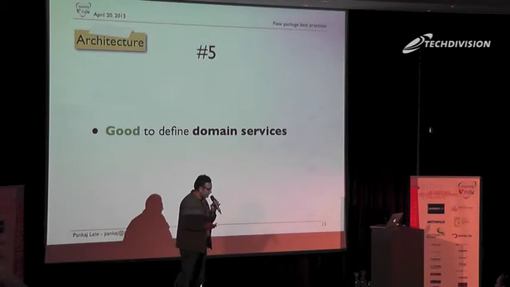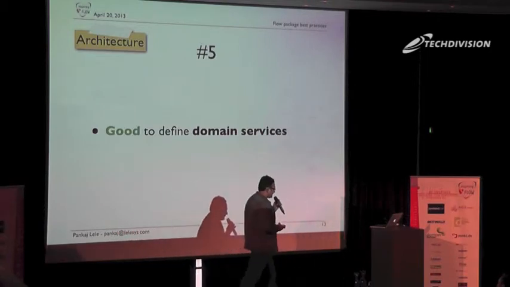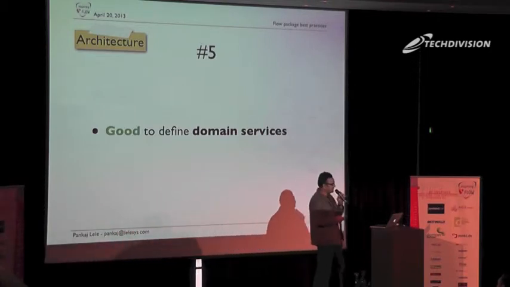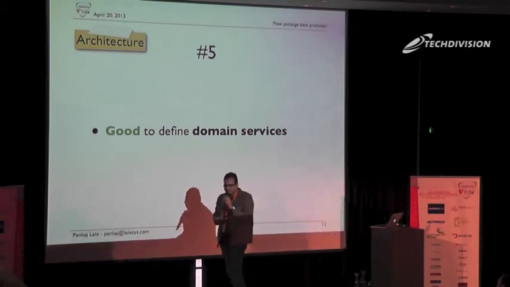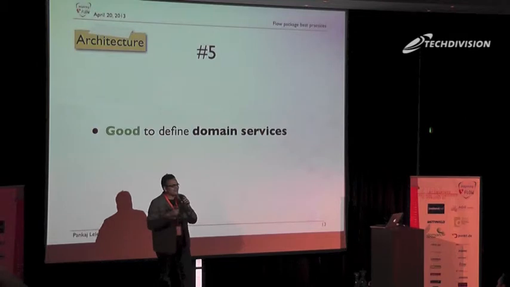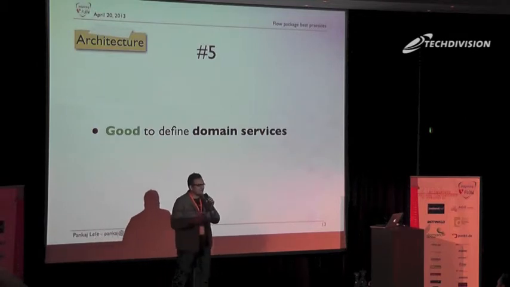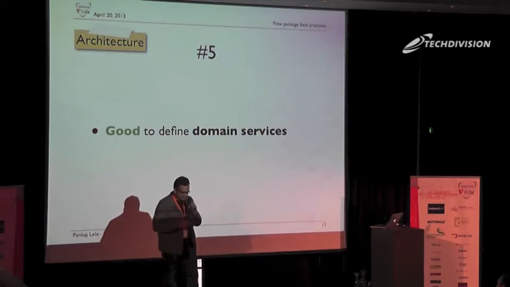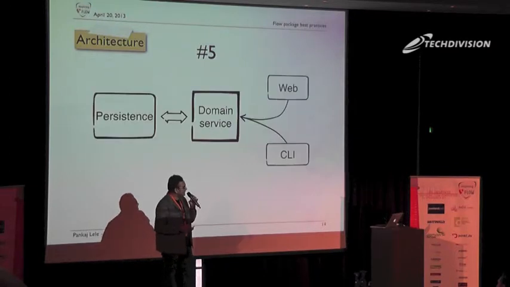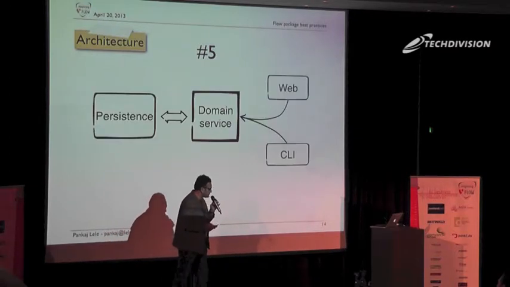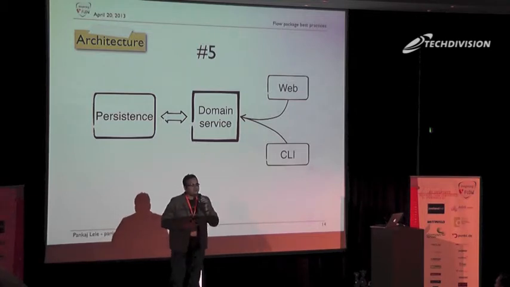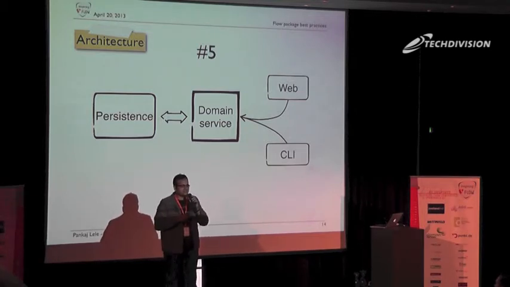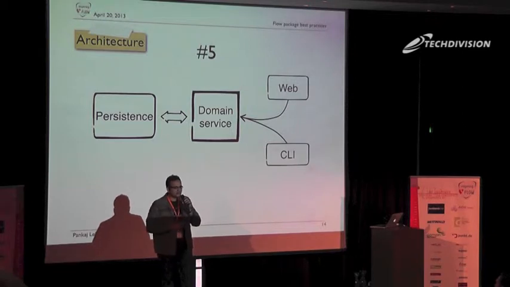Another good practice is to write domain services. Actually, I got this concept from the Flow guru, Robert, and he has a workshop on this, so he will go into more detail tomorrow, I guess. A quick look: when you write domain services, you develop all your business logic in the domain service class, and that is also one of the topics Stefan was discussing in the morning.